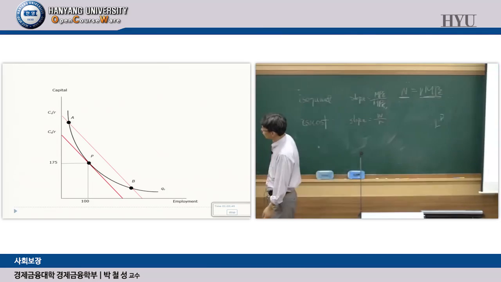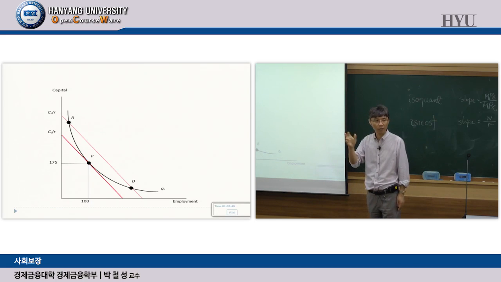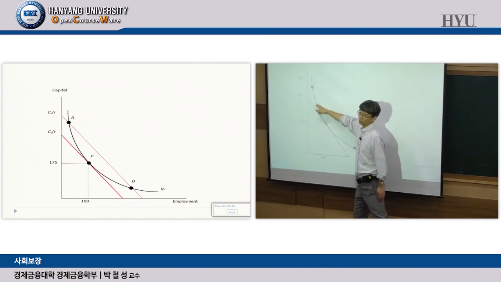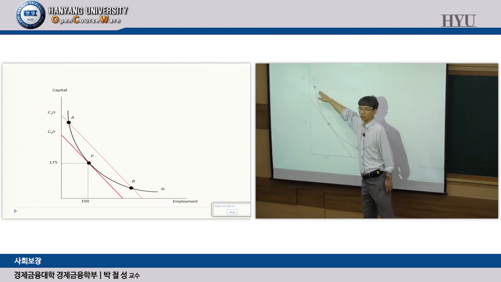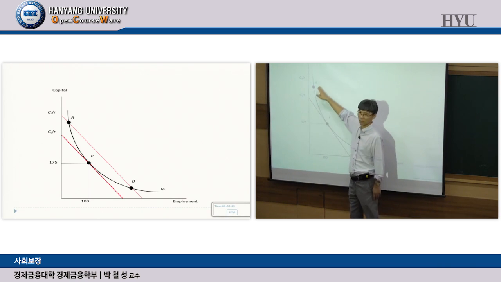How do you achieve it? Now you know the isoquant and isocost. Actually, you combine them and you can figure it out. How? First, you have a goal: produce Q0, 10,000 units. And then you can think of every combination on it.